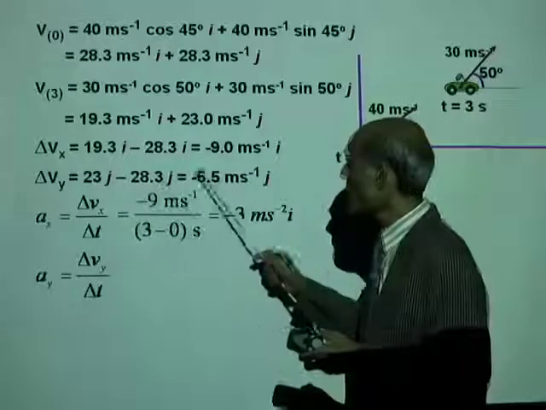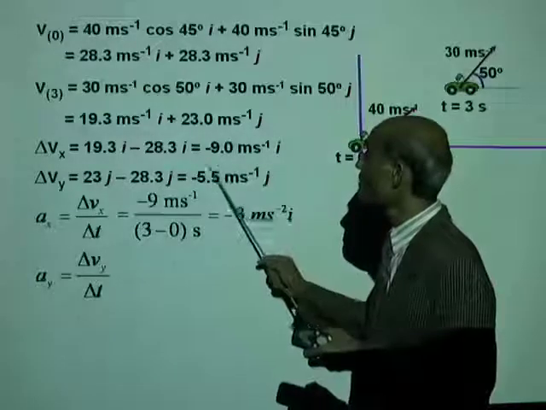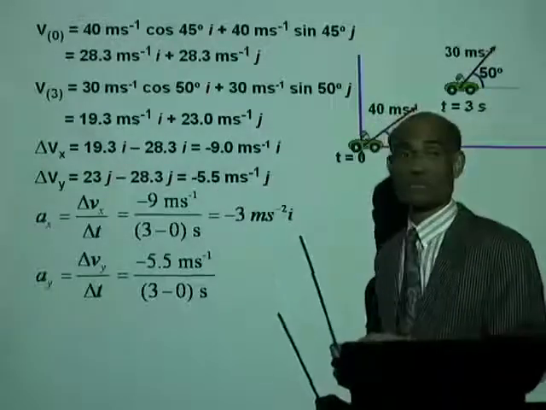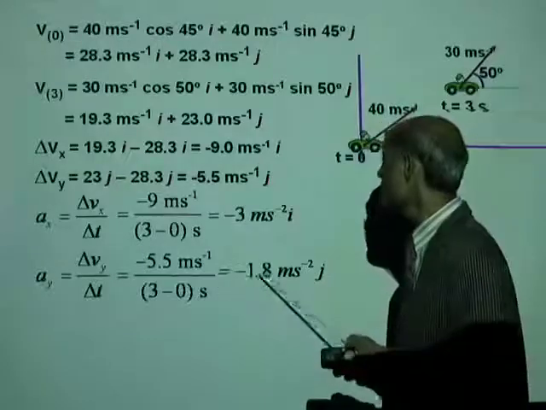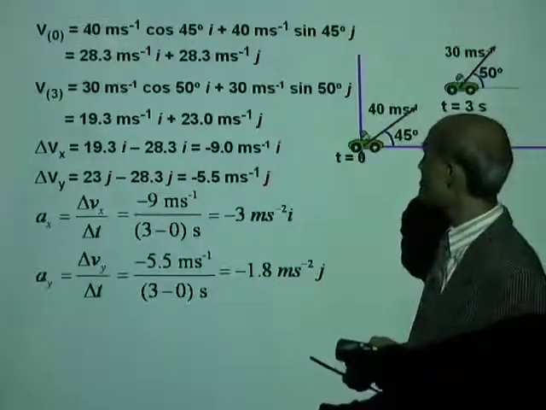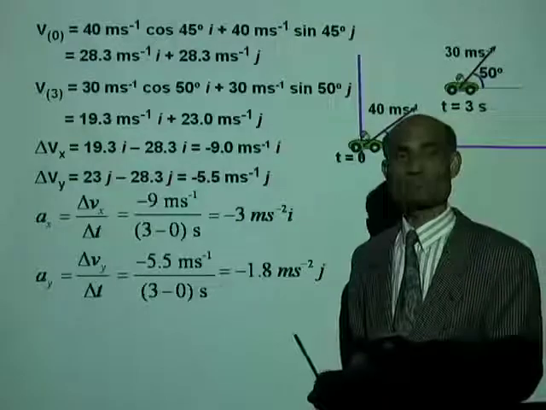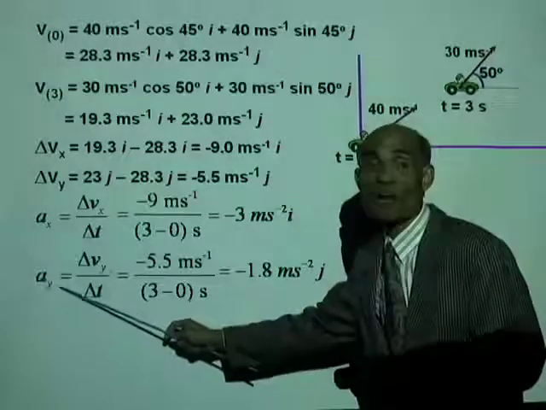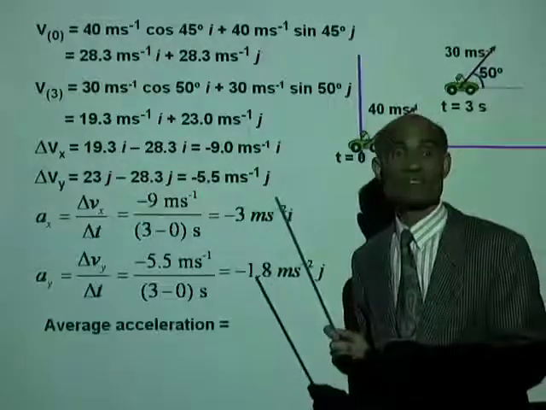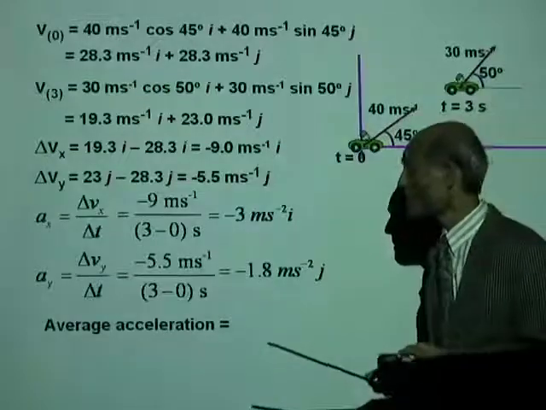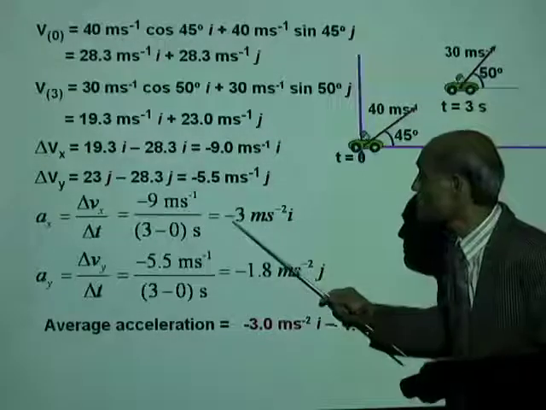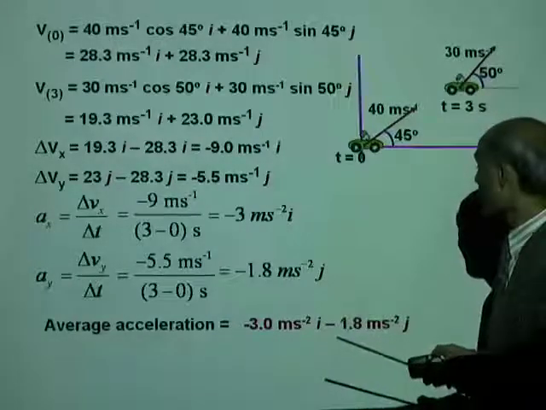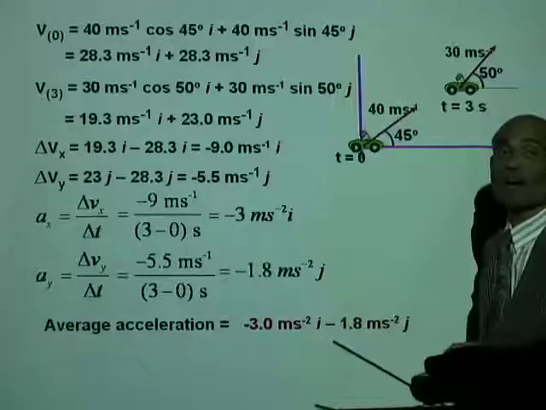What is delta Vy? It is negative 5.5 meter per second j divided by delta t, and that will be negative 1.8 meter per second squared j. Alright, so we got the x component of the acceleration, we got the y component of the acceleration, and therefore the average acceleration is negative 3 meter per second squared i minus 1.8 meter per second squared j.